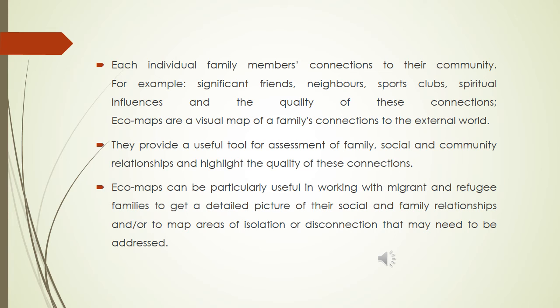Means, if you find a child is not so good and having mood swings and many problems, then you have to make a genogram or an eco map, and you need to find out from where the child is getting a negative influence, and that can be isolated or disconnected from the child's family. So you need to talk to them that this particular area needs concern, and it is exerting a negative influence over this child.